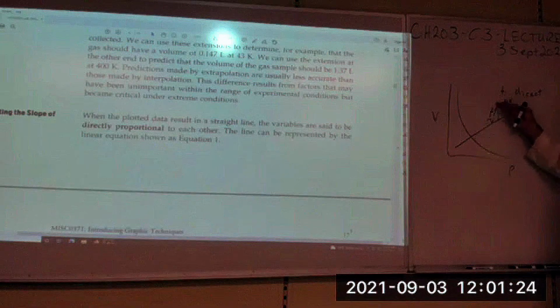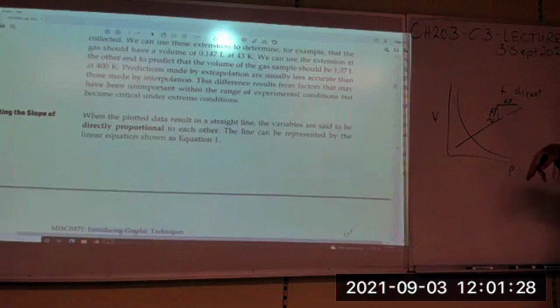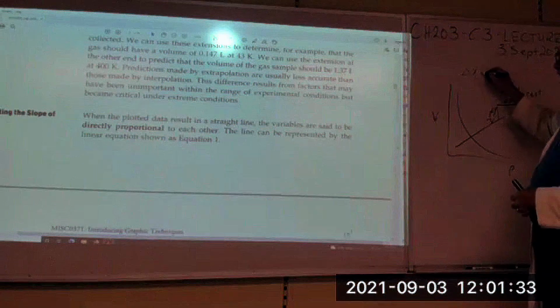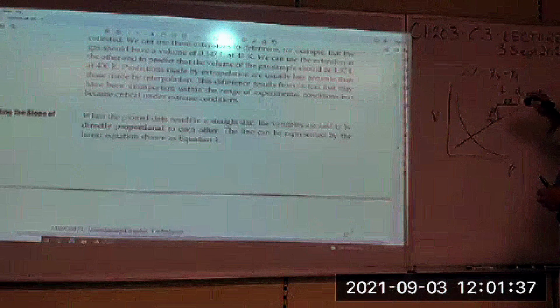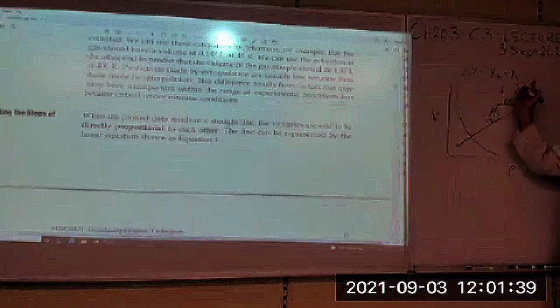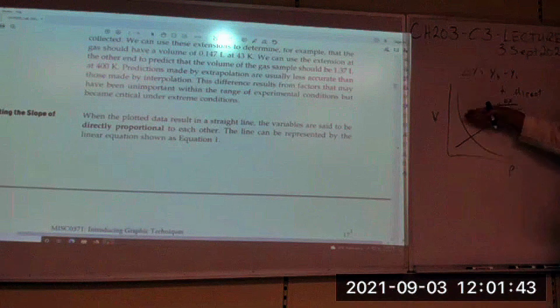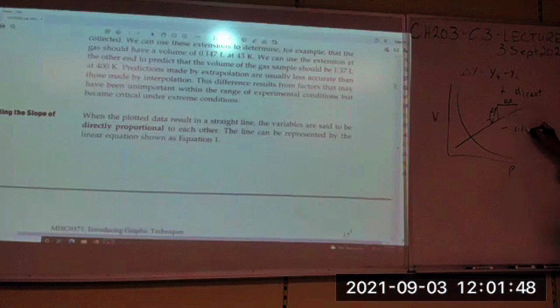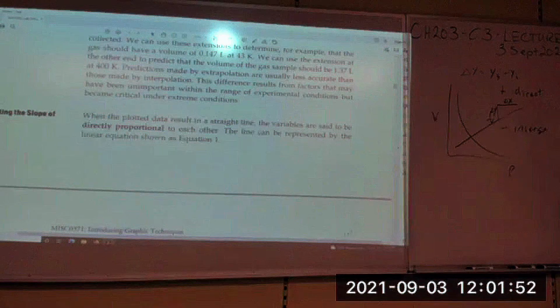It goes from a high number to a low number. And we always say the change, the delta, let's use y. The delta y is the final minus the initial value. If the initial value is higher than the final value, then you get a negative number. So the slopes on these type of lines are always negative. Negatives are inverse.